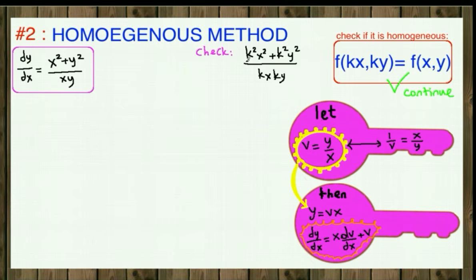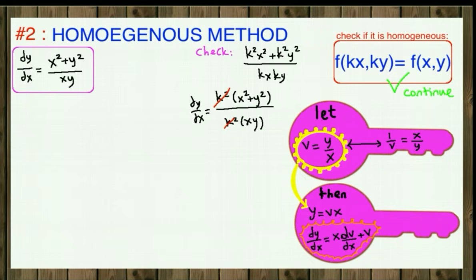Now, on top, we can factor out k squared: k squared times x squared plus y squared. And on the bottom, k times k is k squared, and xy is left inside. Again, dy dx equals this. Now we can cancel out k squared. Now you're going to realize that this is equal to our original function. So we pass for homogeneity.